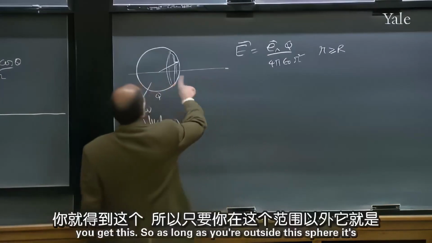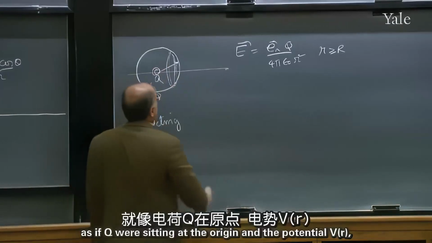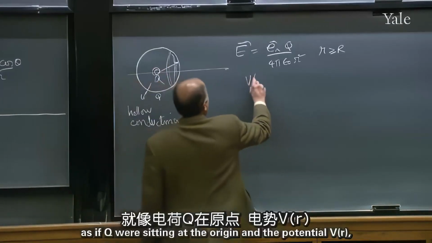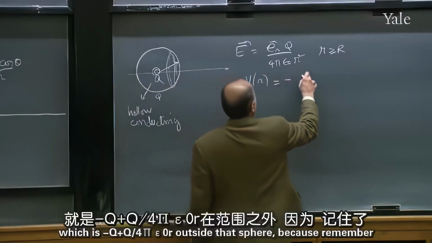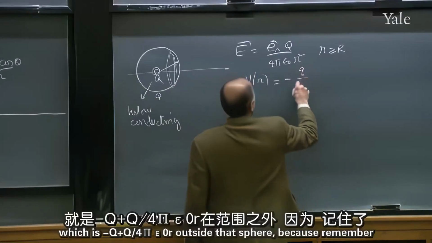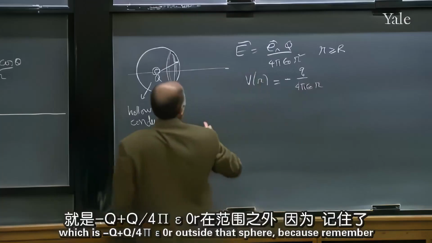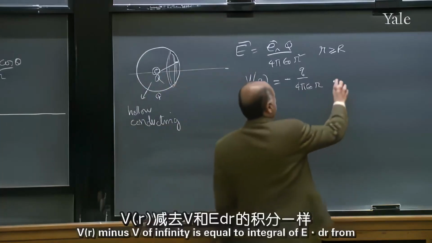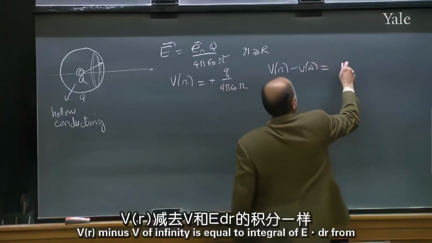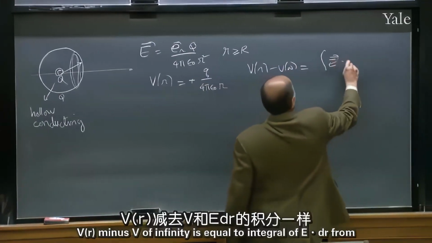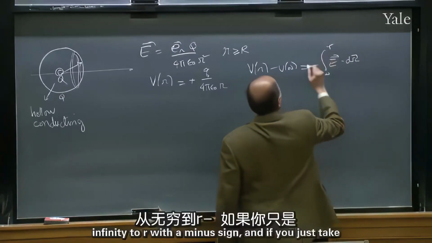So as long as you're outside the sphere, it's as if Q were sitting at the origin, and the potential, V of r, which is plus Q over 4 pi epsilon 0 r, outside that sphere, because remember, V of r minus V of infinity is equal to the integral of E dot dr from infinity to r, with the minus sign.